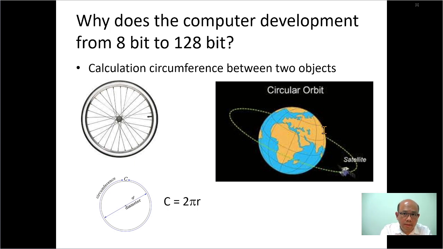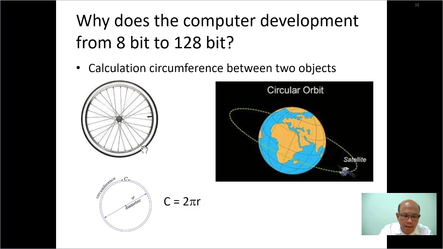This is related to when you calculate a circumference or circle. For example, when I calculate the circumference of a bicycle wheel, the equation is C equals 2 pi r, multiplying 2, pi, and r.